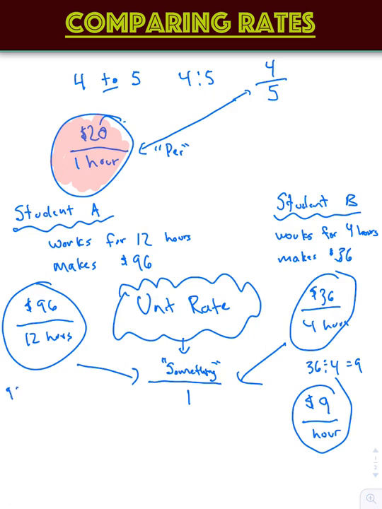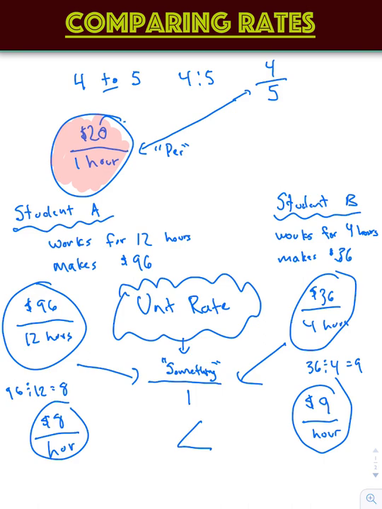Which leaves us with student A making 96 divided by 12 equals 8. Student A makes $8 an hour. So comparing rates, we know that actually student B makes a higher rate than student A. So that's the second way to look at it.